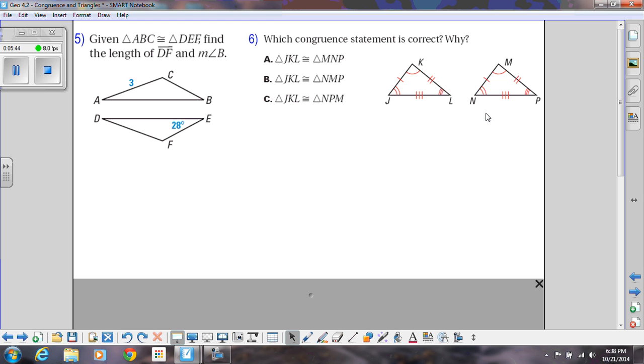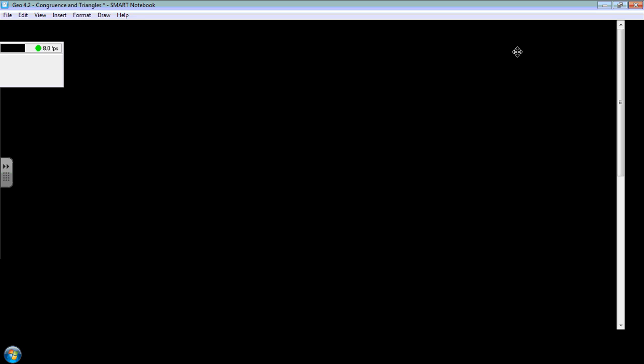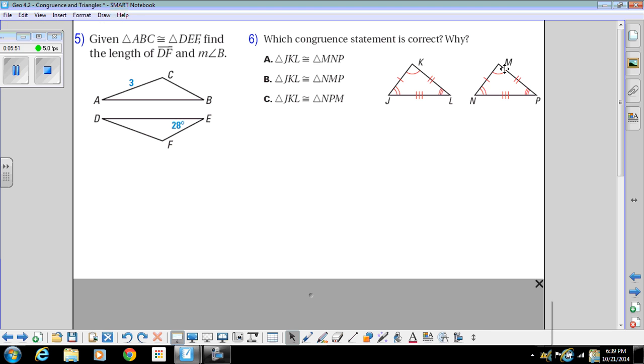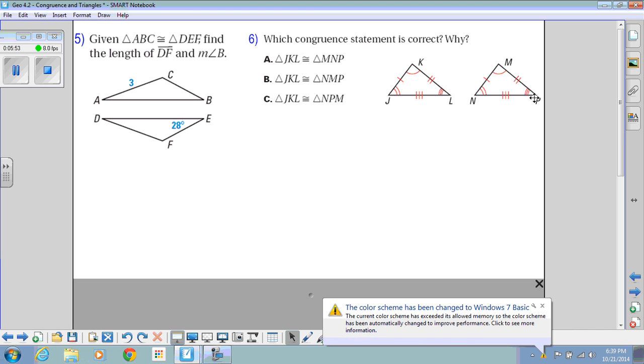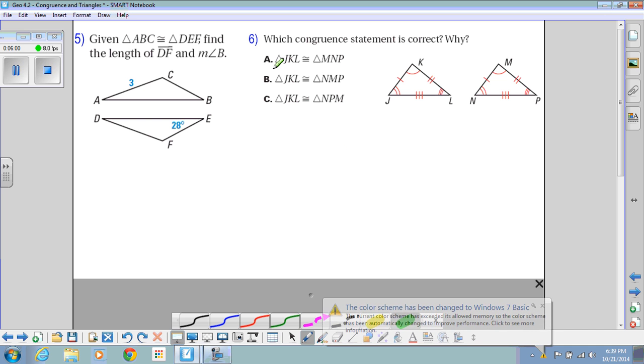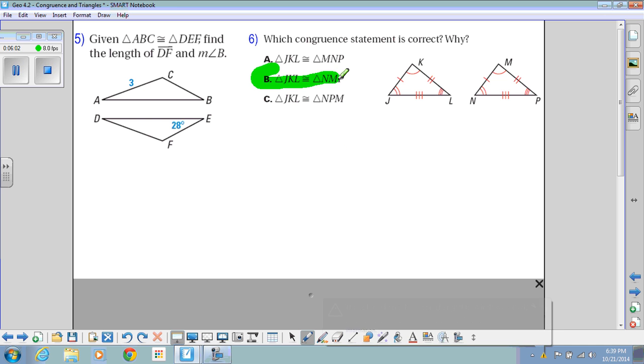So this would be triangle N has the double arc, M has the single arc, and P has the triple arc. So I would choose B, this one right here, because that's the one that goes in that same order. So be careful when you're doing your congruent statements, and we'll be using that later in proofs.